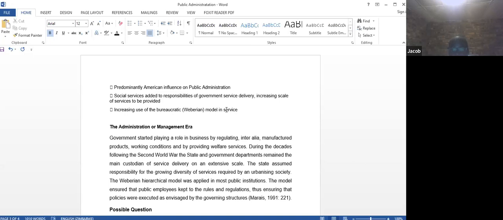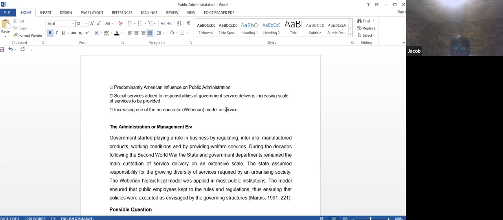Still, one thing of note was that the government still had reasonable authority and power to influence what could be done by public employees, because the government crafts policies and makes decisions, but the public employees ensure or enforce that these regulations are kept. So for public administration to be effective, the public employees have the authority to do that.